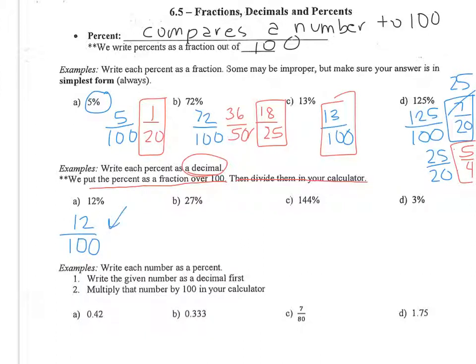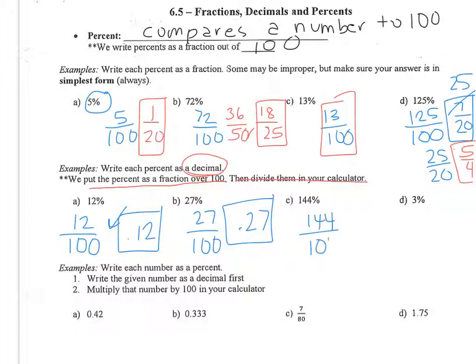So 12 divided by 100 is 0.12 as a decimal. 27 divided by 100 is 0.27 as a decimal. 144 divided by 100 is 1.44. 3%, so 3 divided by 100, put it in your calculator, is 0.03. So that's how you write it as a decimal.